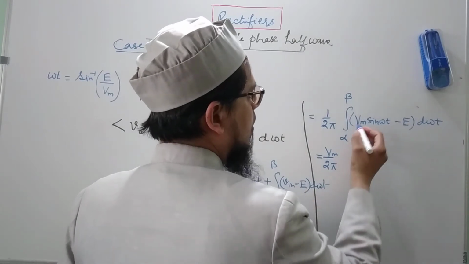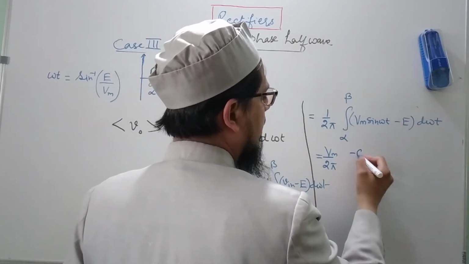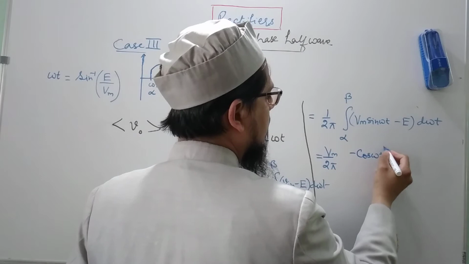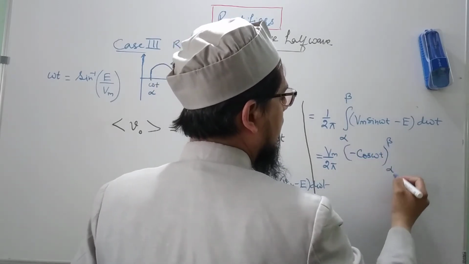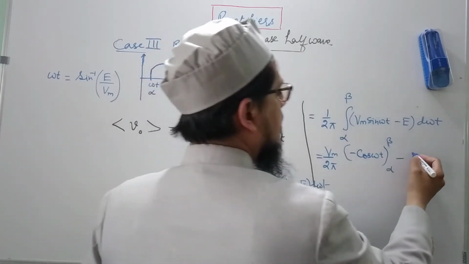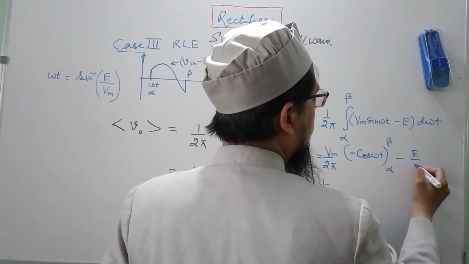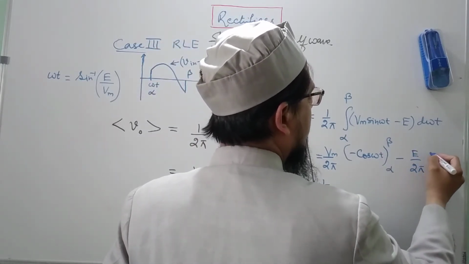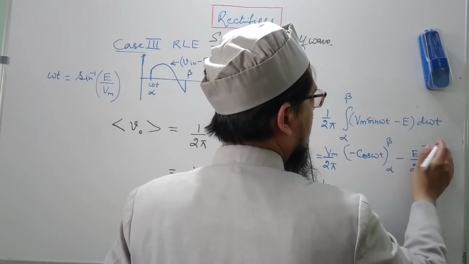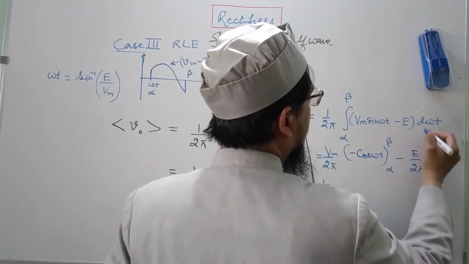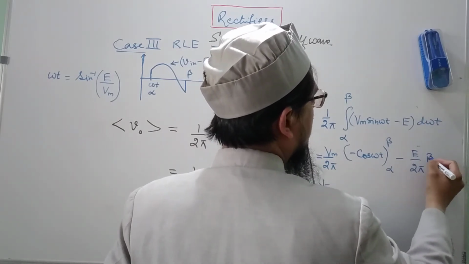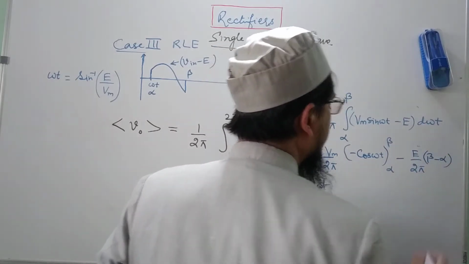Okay, so integral of sine omega t is minus cos omega t, and limit is from alpha to beta, and then minus E by 2 pi, and again let me write here what the limit will be, beta minus alpha.